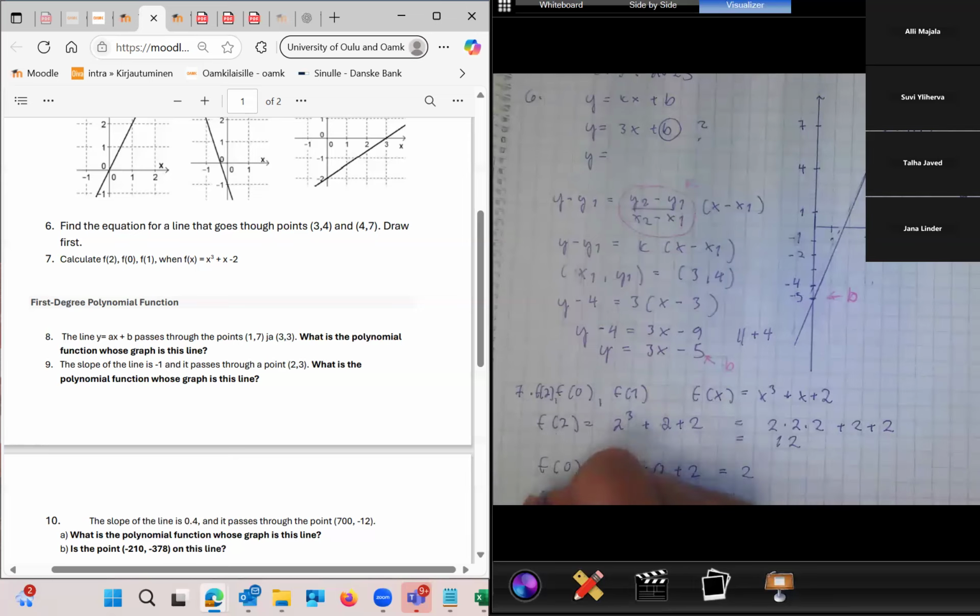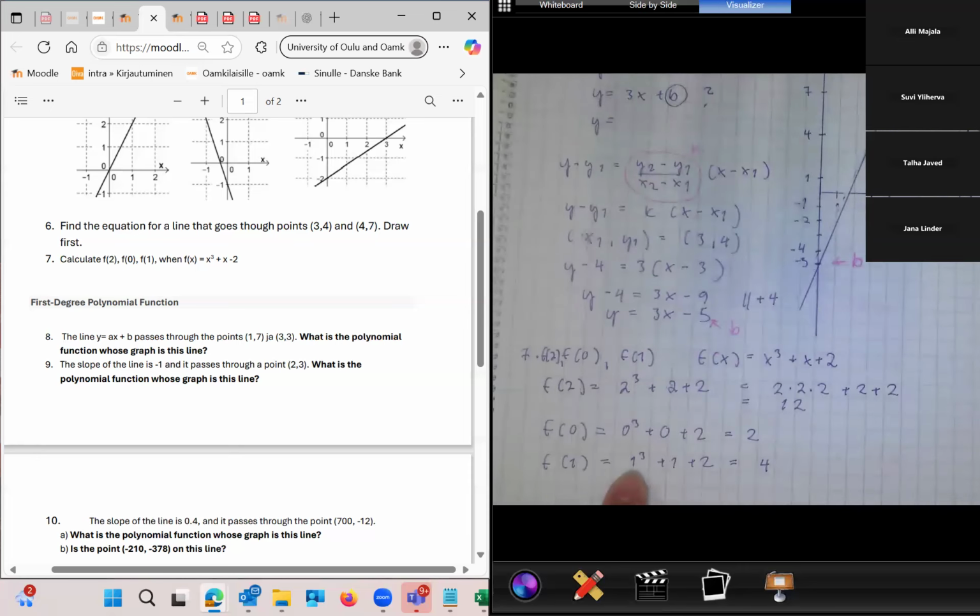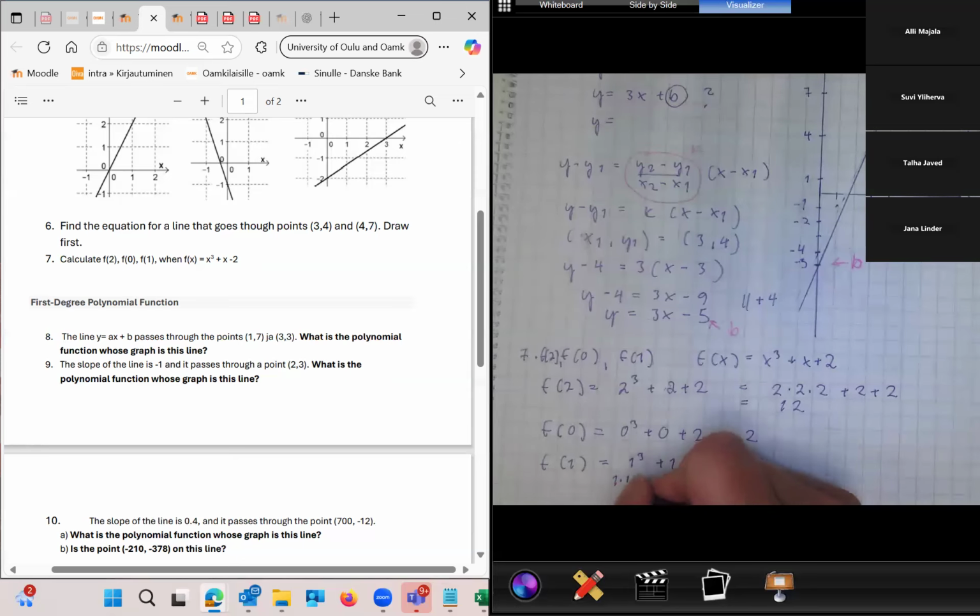And exactly, of course, the same thing with the 1. 1 to the power of 3 plus 1 plus 2, which would be 4. Because it doesn't matter, 1 you can always multiply with itself, but it doesn't do anything.